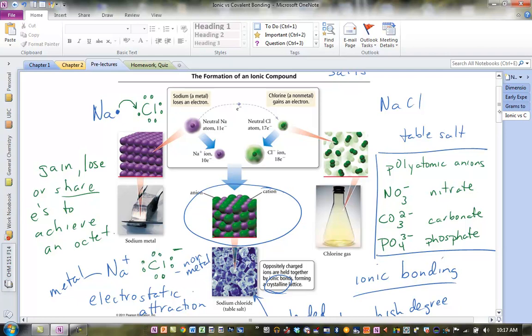So here's this highly reactive metal that you certainly wouldn't want to eat because it would react in your mouth, produce hydrogen gas. The hydrogen gas would ignite. Not a good thing. Chlorine gas is a toxic gas. Okay, nasty stuff. So we have both reactants in this case, sodium and chlorine, that, boy, you wouldn't want to mess with. And yet when they combine to form a new compound, okay, a chemical reaction, we're making and breaking bonds.